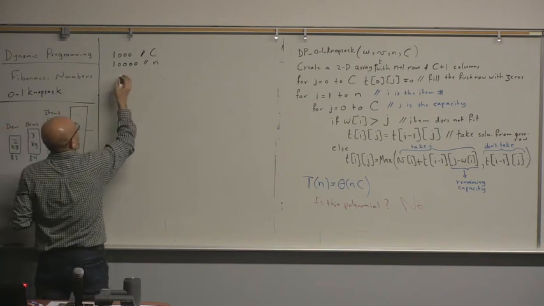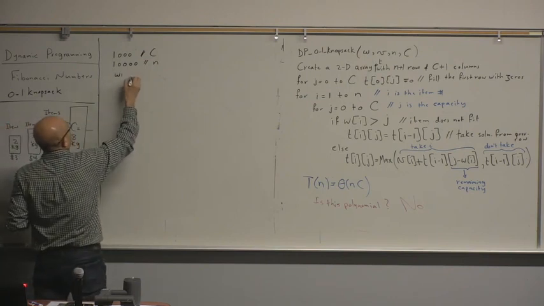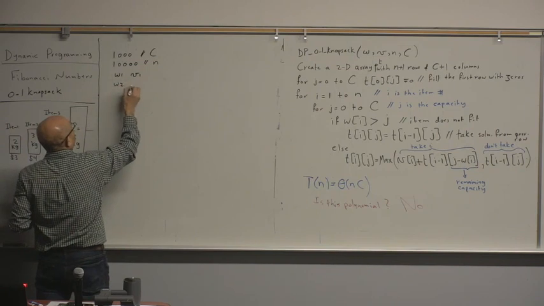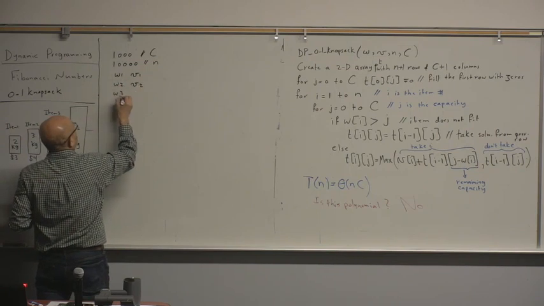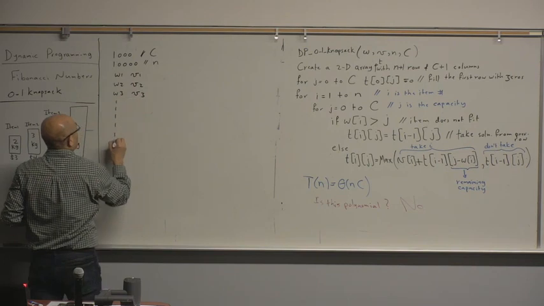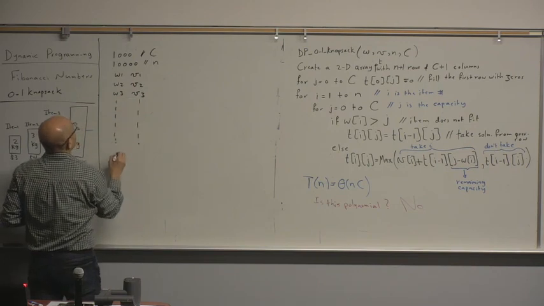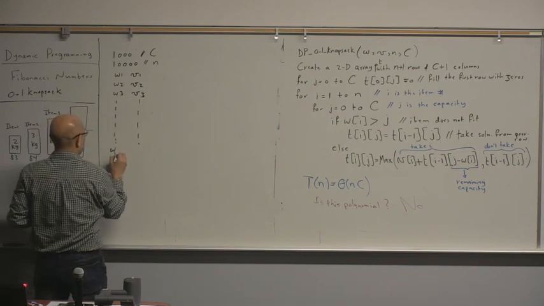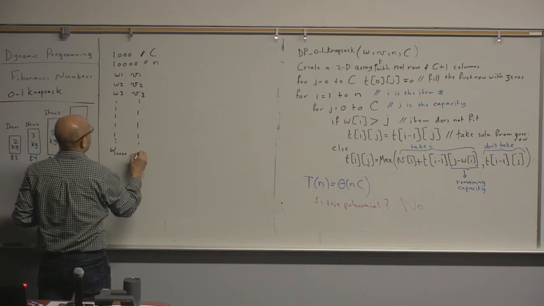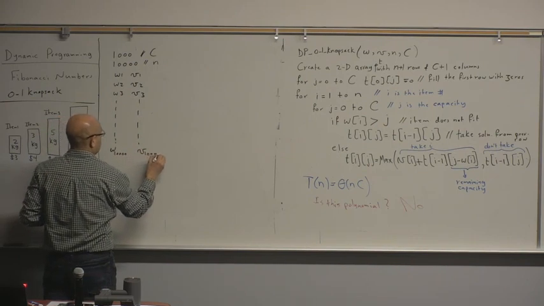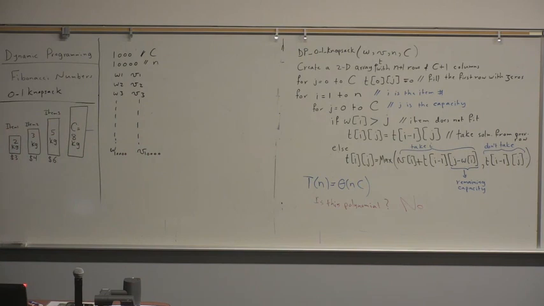So we will have weight 1, value 1, weight 2, value 2, weight 3, value 3, until we get to weight 10,000, value 10,000. Think about the size of this input file.